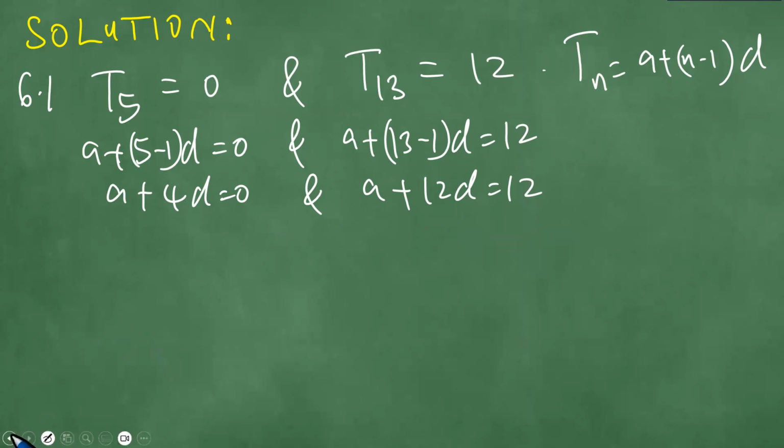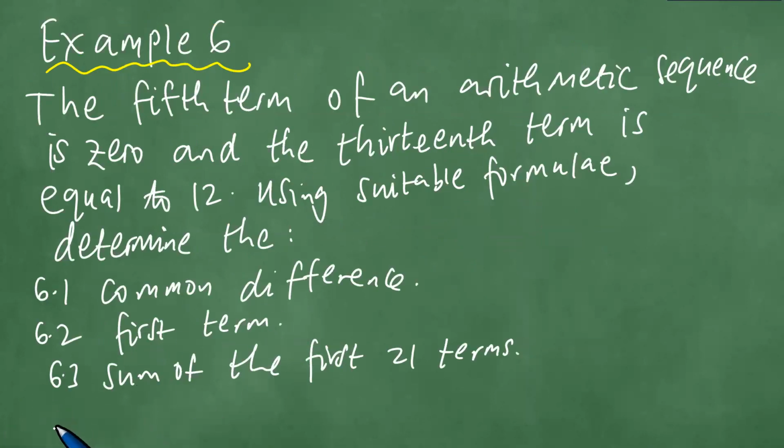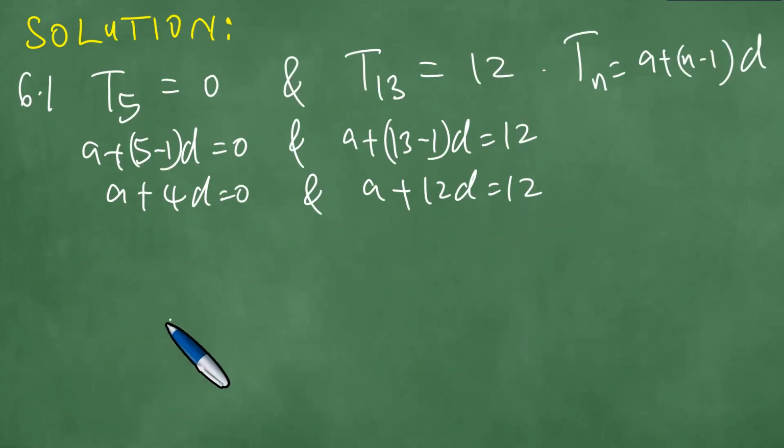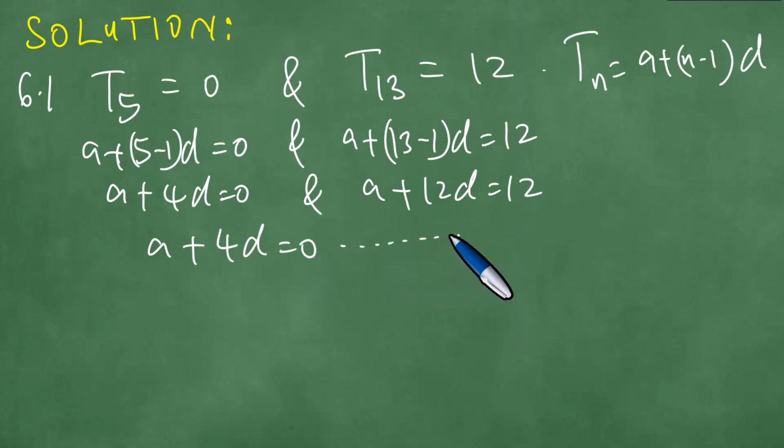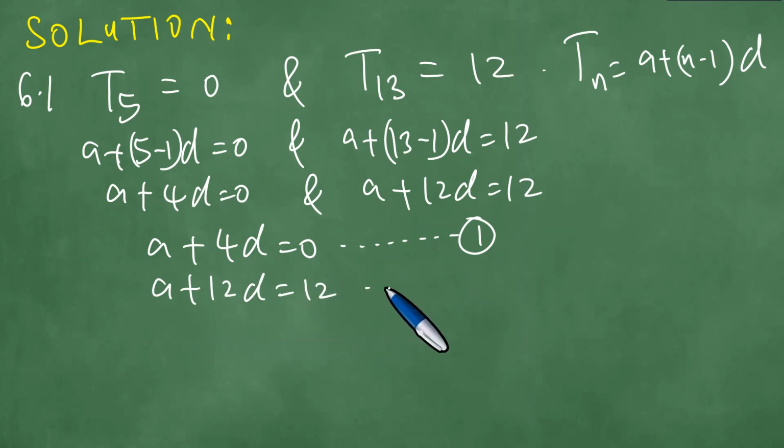With this formula, we're interested in the common difference, so we're looking for d. Call this a plus 4d equation 1, and a plus 12d equation 2.